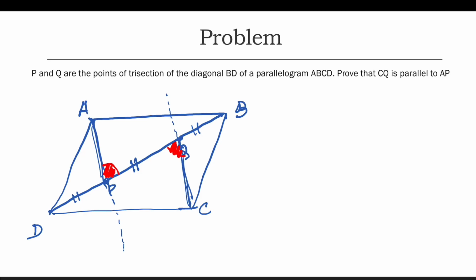Alternate angles, right? So if we can prove that these two angles are equal, in that case, we can prove that these two sides are parallel to each other. AP and CQ are parallel to each other, right? If alternate angles are equal, then the sides are parallel. Fair enough? So let's go back to this.